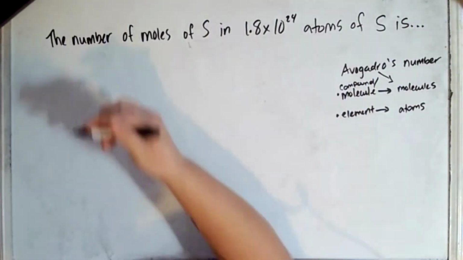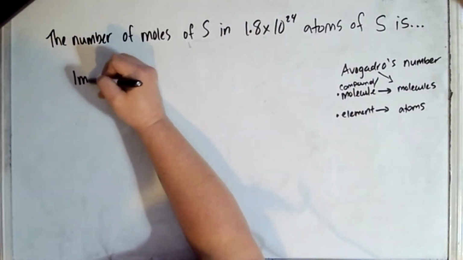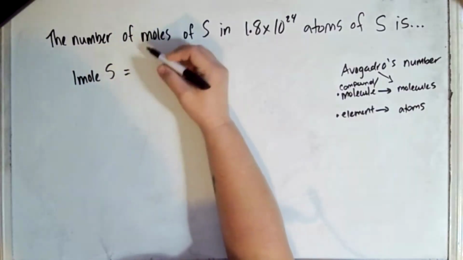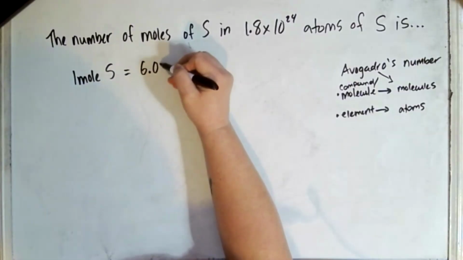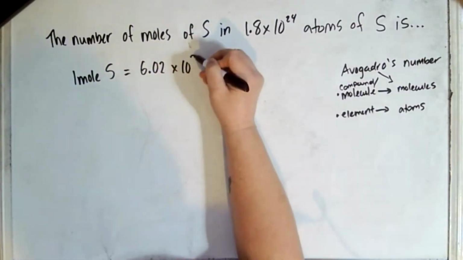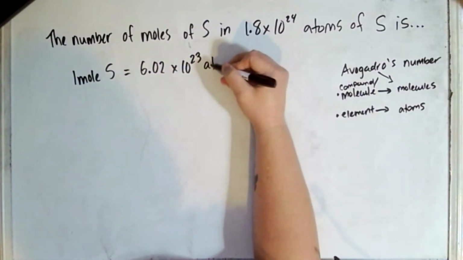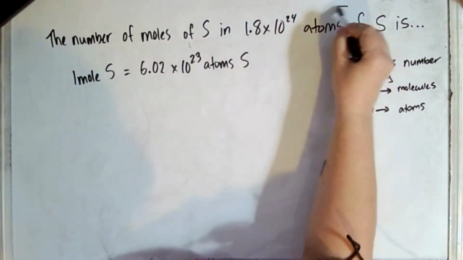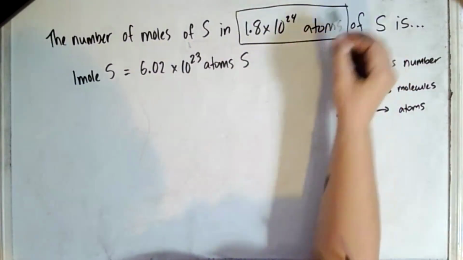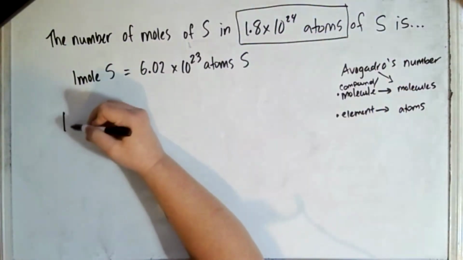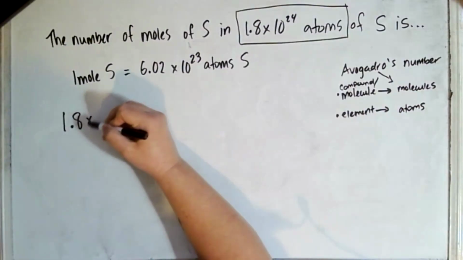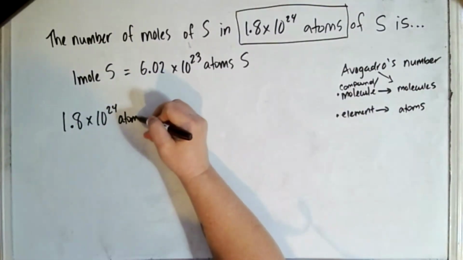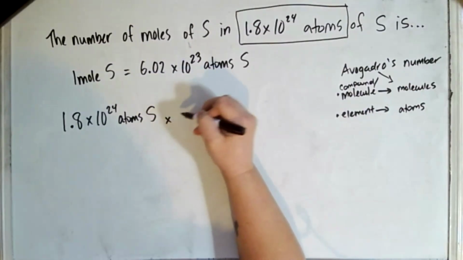We can start the same way by writing out our equality. If we have 1 mole of sulfur, and sulfur is an element, that means that we're going to have 6.02 times 10 to the 23 atoms of that element. But this time, the information that they've given us is this. When we start out, we have 1.8 times 10 to the 24 atoms of sulfur.